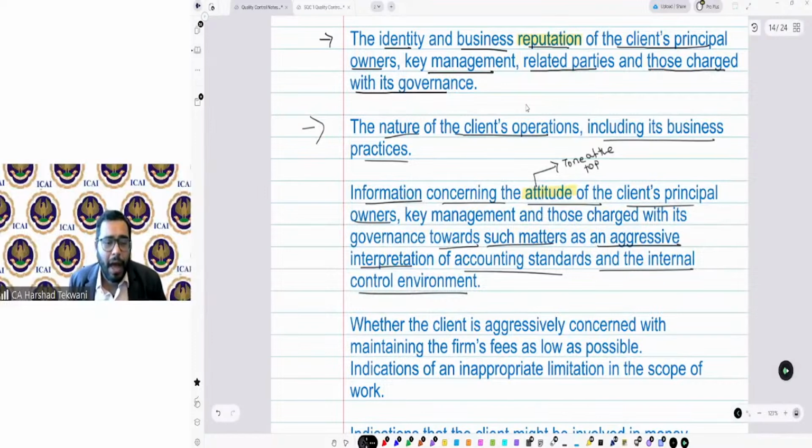It could be a scenario. Let's, for example, there is one accounting policy that management created, which is very complex and difficult to implement.